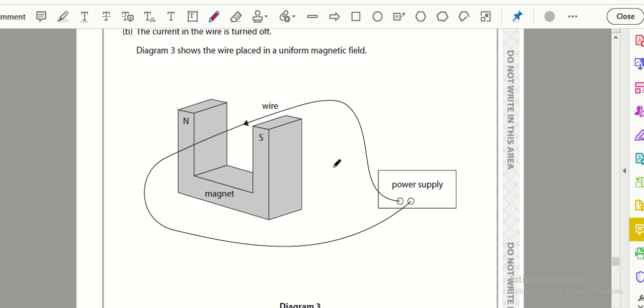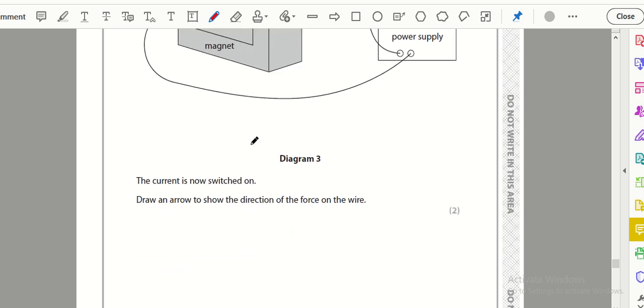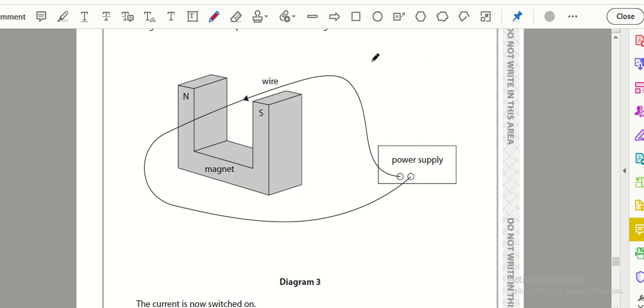The current in the wire is turned off. The diagram shows a wire placed in a uniform magnetic field. The current is now switched on. Draw an arrow to show the direction of force on the wire. So here is the direction of the magnet, and we will use Fleming's left hand rule because it gives us the electromagnetic force when a wire with a current is in a magnetic field.